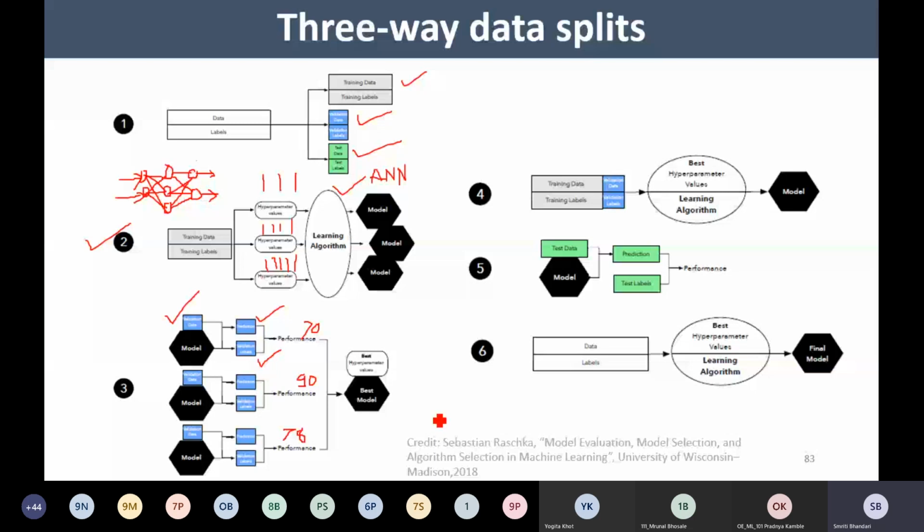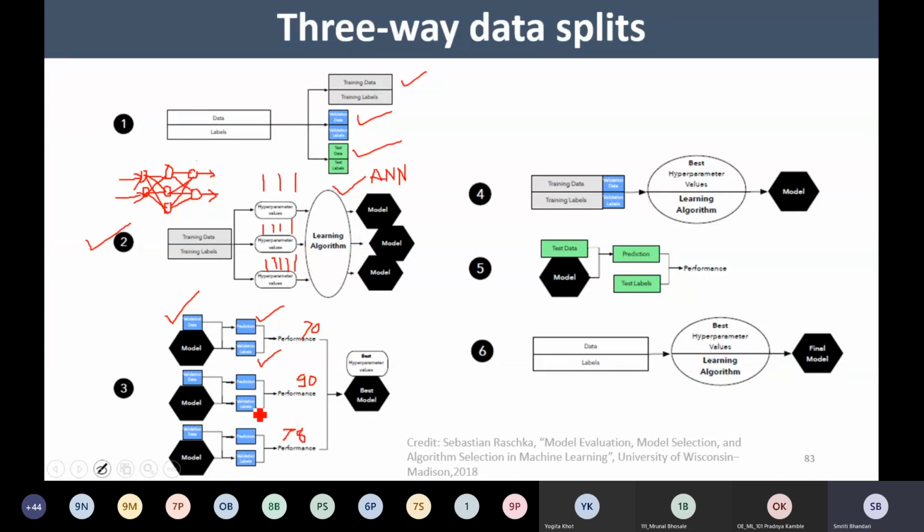Okay, now I have all three performances with respect to all three models, and these three models are different because we have used different hyperparameter values. Now I am going to compare these performances, and I'll pick the model which has the highest performance.